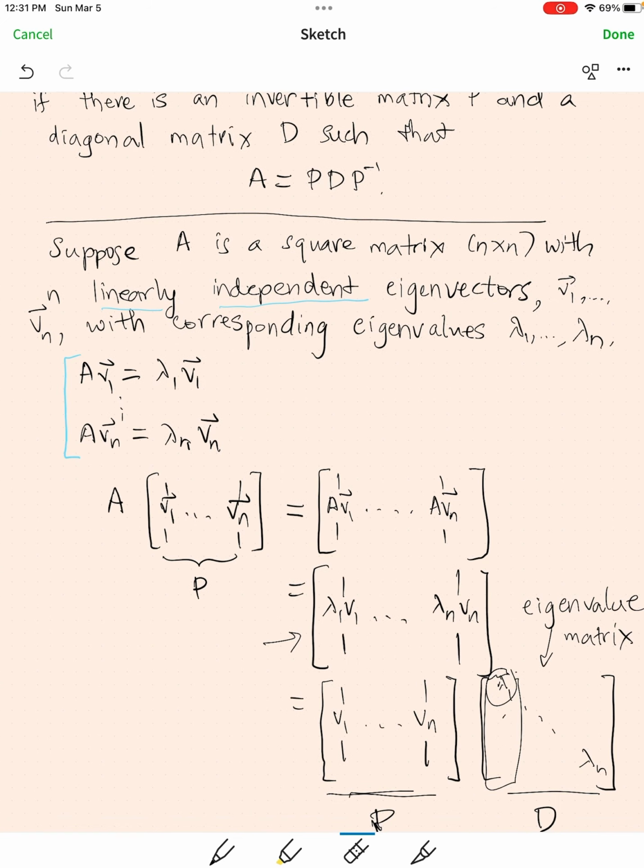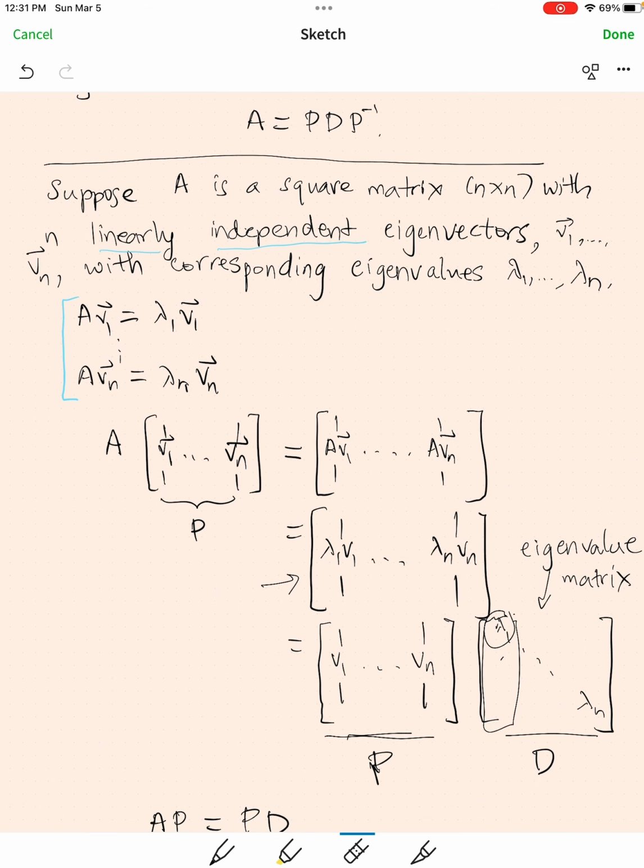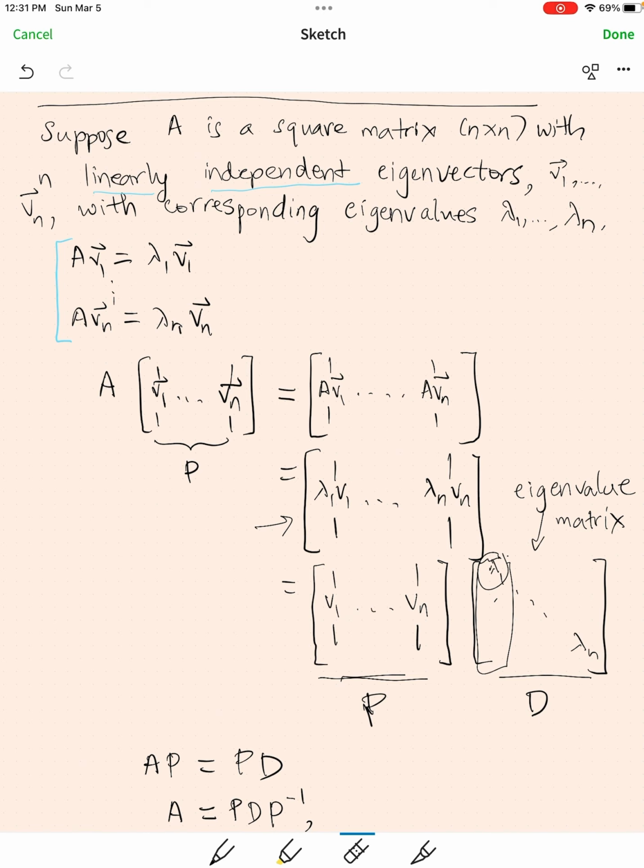And we saw that if you can write A in that form, what has to happen is that the columns of P are eigenvectors for the eigenvalues, and the eigenvalues are given along the diagonal.